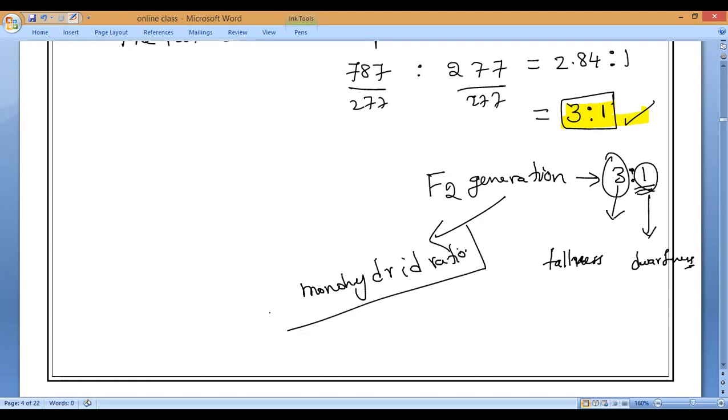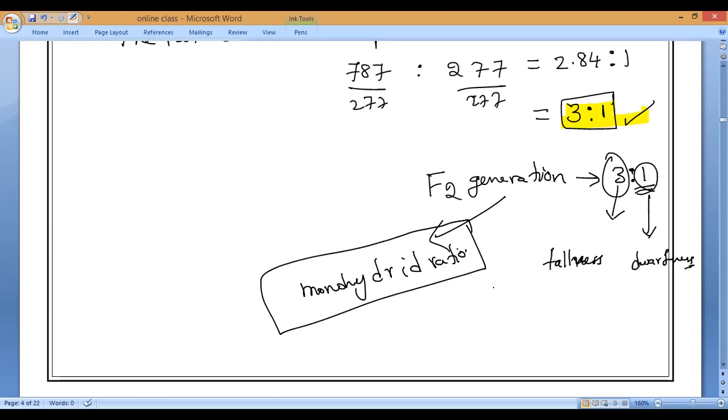This is a single trait or monohybrid inheritance, and that ratio is called the monohybrid ratio, 3 to 1. So a generation occurs in the ratio of 3 dominant to 1 recessive. This is what he observed in his garden after crossing a single characteristic trait, tallness and dwarfness. So, parental crossing and F1 crossing. Hope everybody understands this.